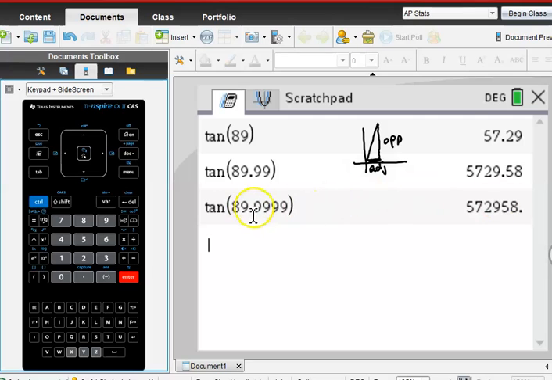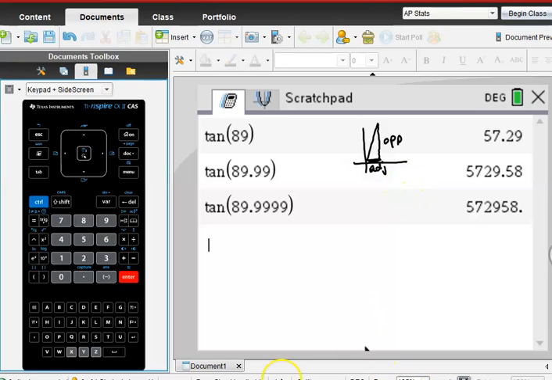So the closer that tangent gets to that undefined value where the angle is 90 degrees, the bigger it gets. As a matter of fact, it's getting infinitely big. So if the tangent value is getting bigger and bigger as we get closer to 90, but it can't be anything when theta equals 90, we're going to have an asymptote.